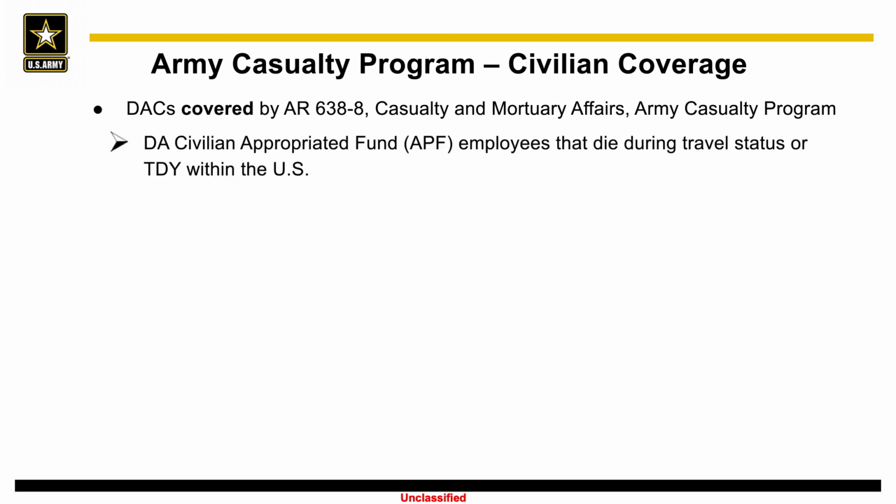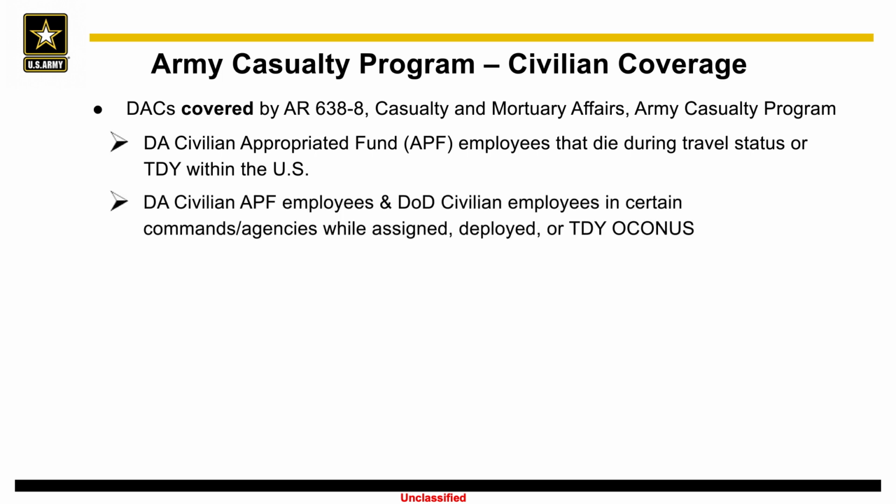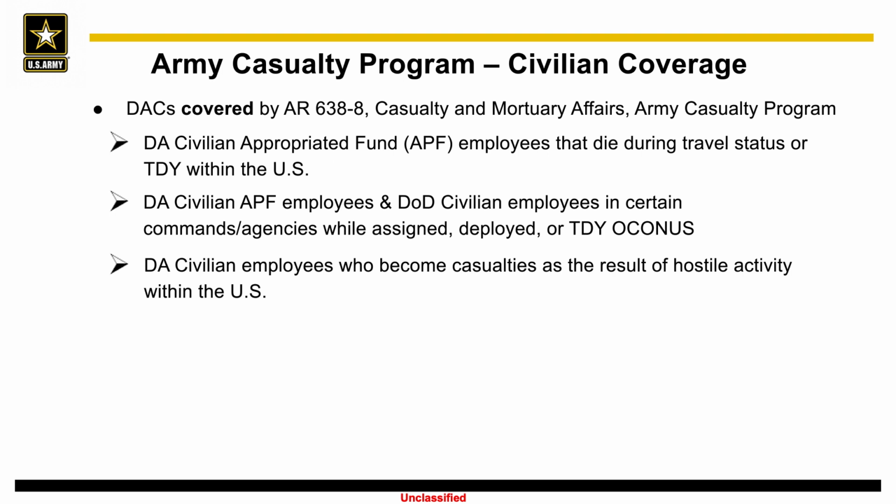Army civilian employees paid from appropriated funds that die during travel status or a temporary duty status within the United States. 2. Army civilian employees paid from appropriated funds while assigned, deployed, or in a temporary duty status outside the United States. 3. Army civilian employees who become casualties as the result of hostile activity within the United States.